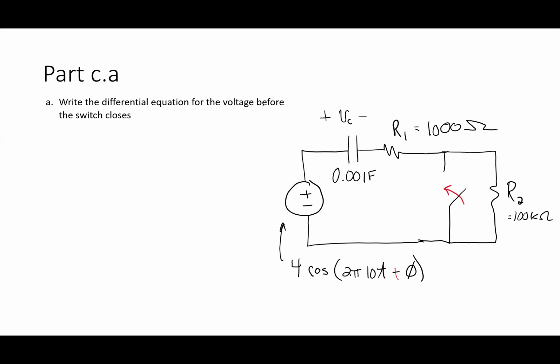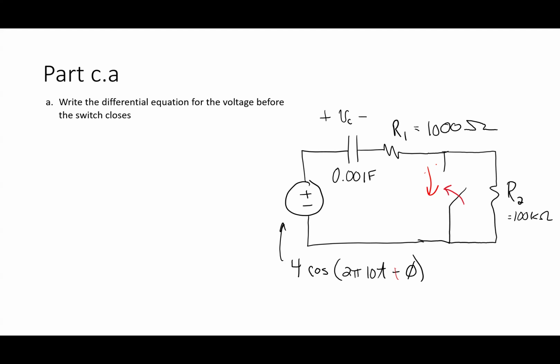Almost the same. What's the only thing that's different here? There are 2 resistors that are basically in series with each other now. There's no current that can go down this path. So if you go back to the other equation, the only thing that's different: before I had a voltage source, a resistor, and a capacitor in series. Now I've got a voltage source, capacitor, and 2 resistors.